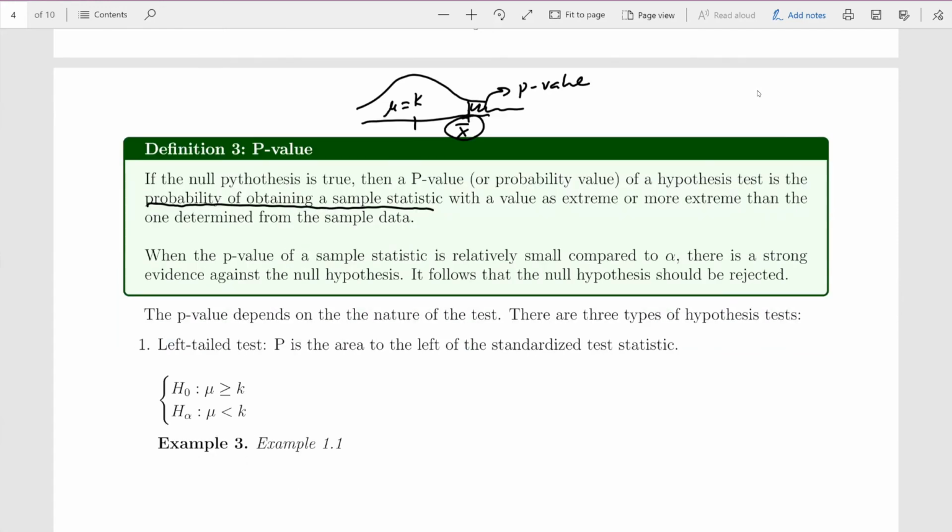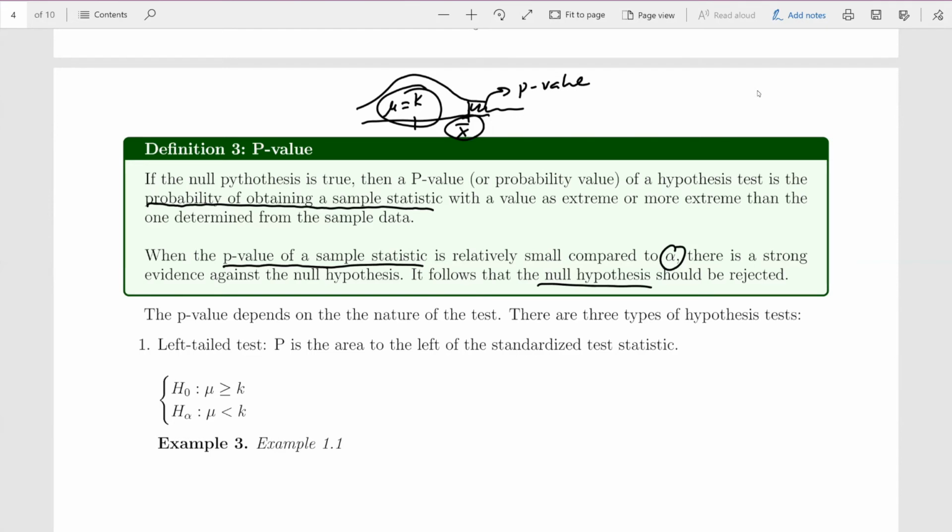So when the p-value of the sample statistic is relatively small compared to the level of significance, then this is good, strong evidence against the null hypothesis. And the null hypothesis is that the population mean equals the claim value. And that is when you can reject the null hypothesis.